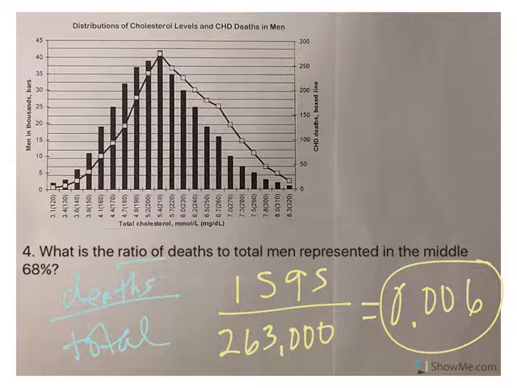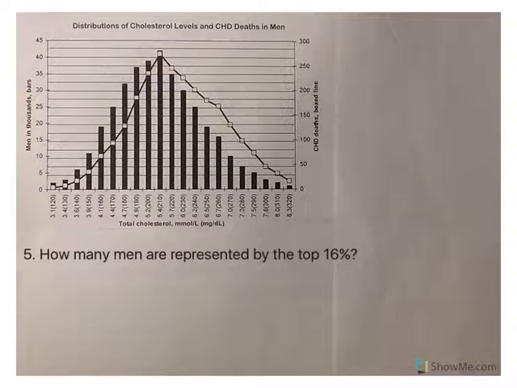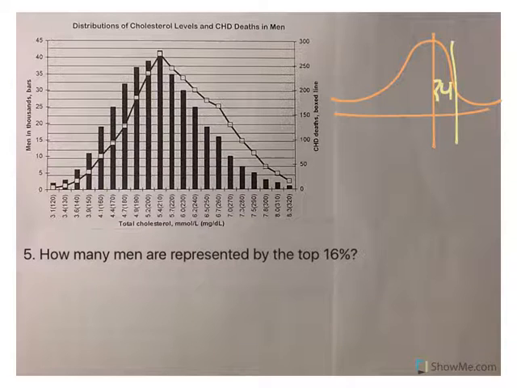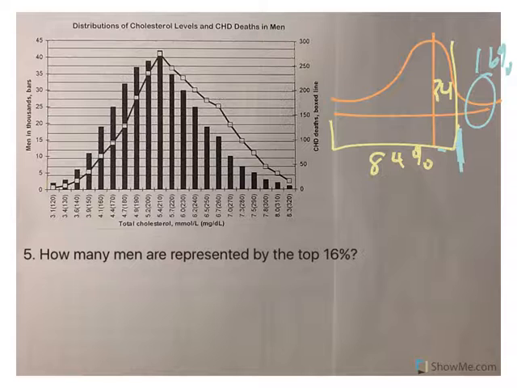Okay. Moving on. How many men are represented by the top 16%? Now, if you think about the empirical rule, split it 50-50, then this one is 34. So from the yellow line to the left is 84%. That means all of this is the top 16. So we're looking to the right of one standard deviation away. Well, one standard deviation away is 241, if you recall. So how many men in the top 16?